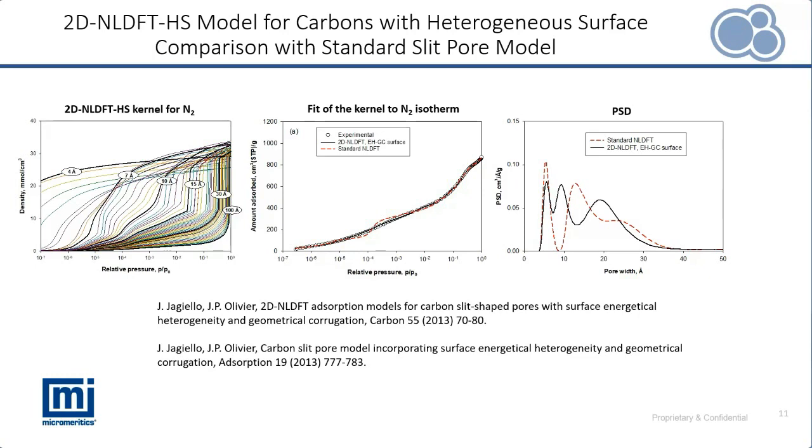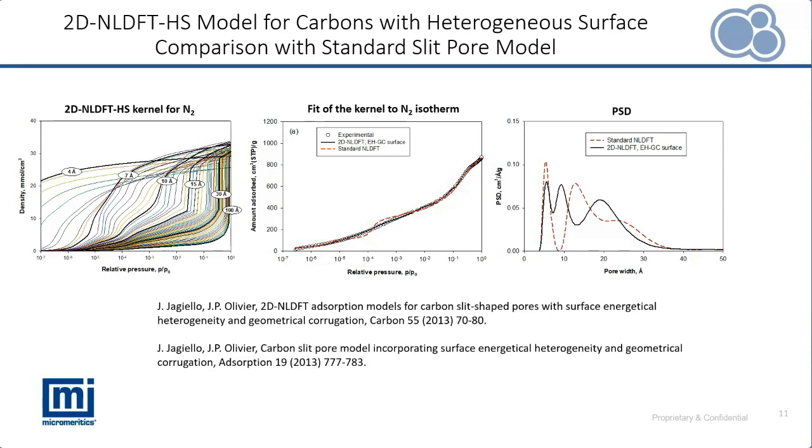And the kernel obtained by this model here is very much different from the previous kernel of standard pores. So it does not have any layering transitions, and the fit using this model is perfect. There are no deviations, and on the pore size distribution there is no minimum at 10 angstrom.